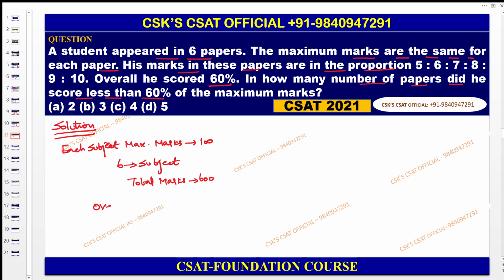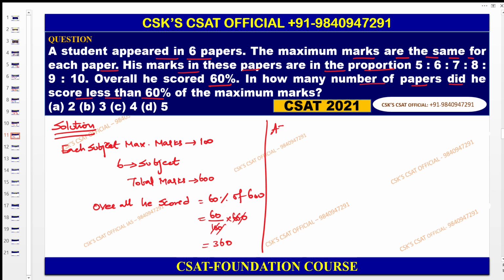So then overall he scored 60%. So 60% of 600, which is equal to 60 by 100 into 600, 0 0 cancel, 6 into 60 becomes 360 now.